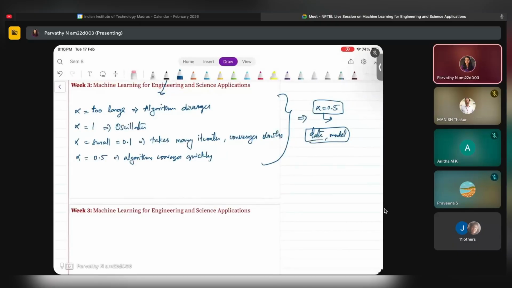You don't know the value of alpha, so you take a range of values for alpha, for example 0.001, 0.01, 0.1, or 0.0001. You take a range of values, and then you find for what value of alpha your algorithm gives a good optimum.